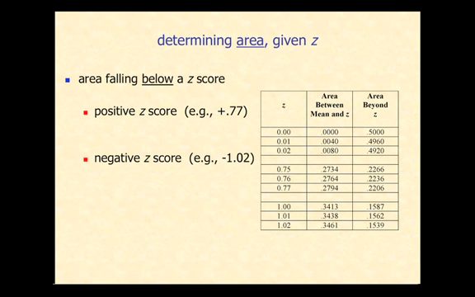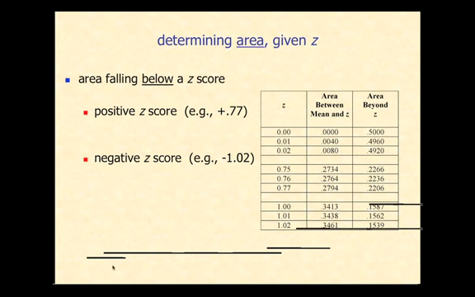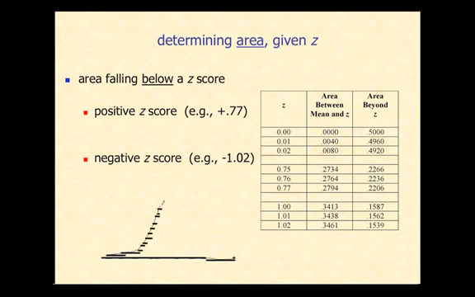So we can also determine area given z for the area falling below a z-score, as we just mentioned. For example, if we have a z-score of plus 0.77, we can see here that we have the area between the mean and z. We've got 0, of course. This little thing should be pretty familiar to you at this point.